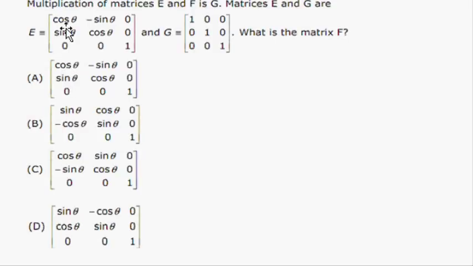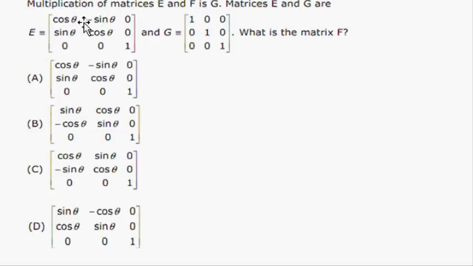So cos square x plus sin square x should be 1.